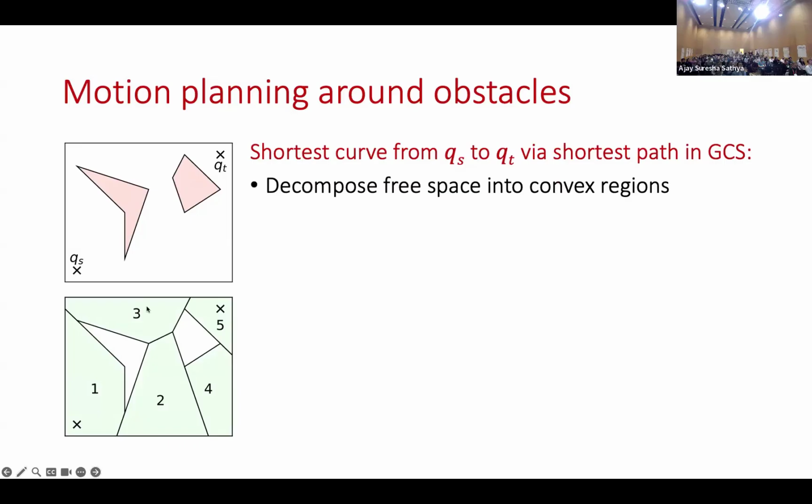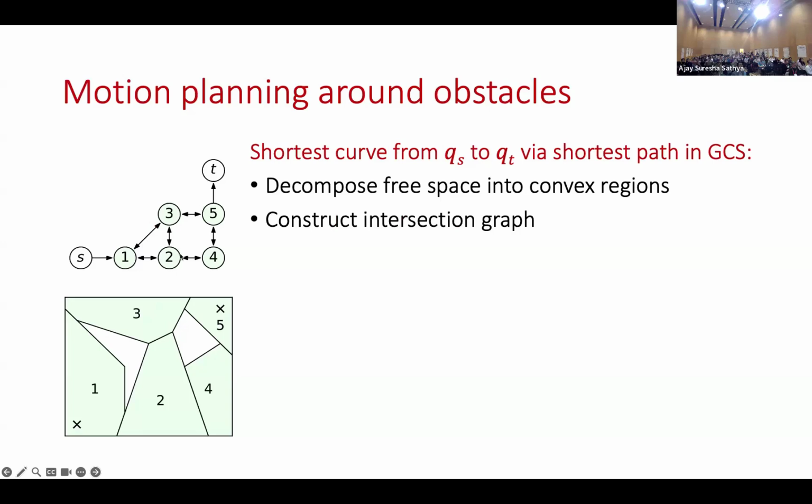If somebody gives us a convex decomposition of the free space, and we have developed good algorithms for this, this can be an expensive step, but again, we have worked on it. Then there is a natural graph that we can associate with this convex decomposition, where every convex set becomes a node in our graph, and two nodes are connected if the underlying convex sets intersect.